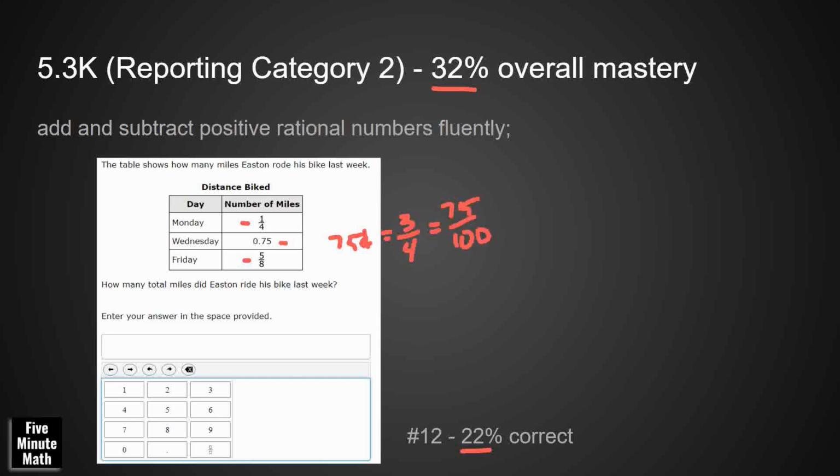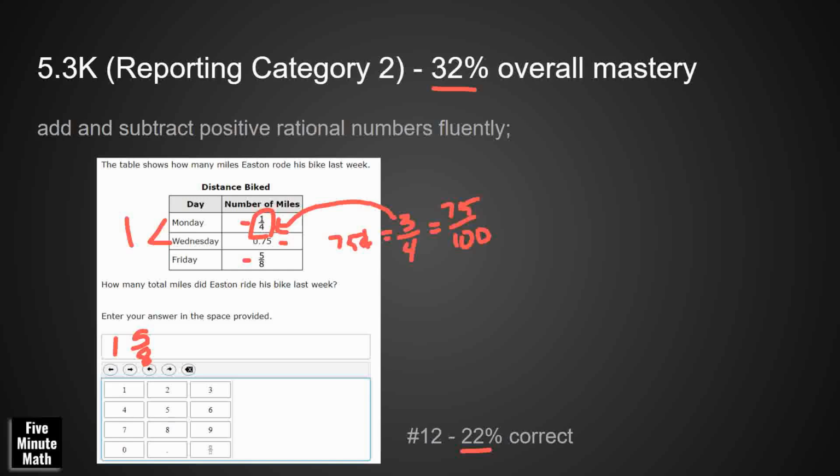Now, that helps because I've already got a 1/4. So if I can realize that 1/4 plus 3/4 equals 1 whole, so Monday and Wednesday equals 1 whole, and then I've just got 1 whole plus 5/8. So students could have entered 1 and 5/8.